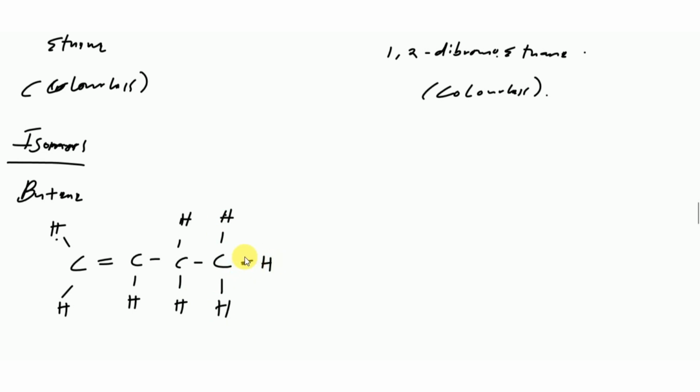So another compound that can have the same formula with butene can be drawn in this form. So we can have the double bond there, then we can have the carbon atom, and we can have another carbon atom.